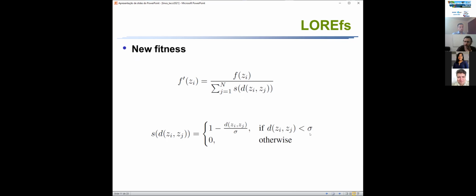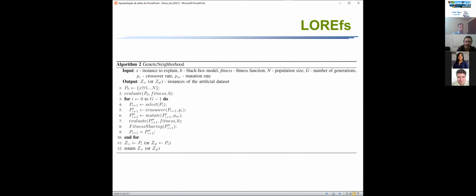We use a sigma parameter that gives the size of the niche. And basically what we do in this paper is to get the genetic algorithm used in LoR and add step 8 that changes the fitness function by using fitness sharing.